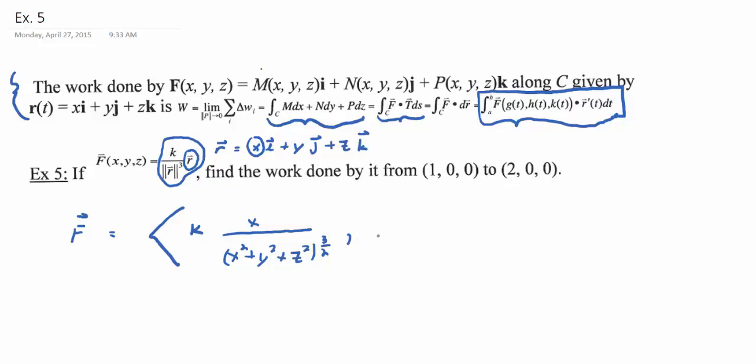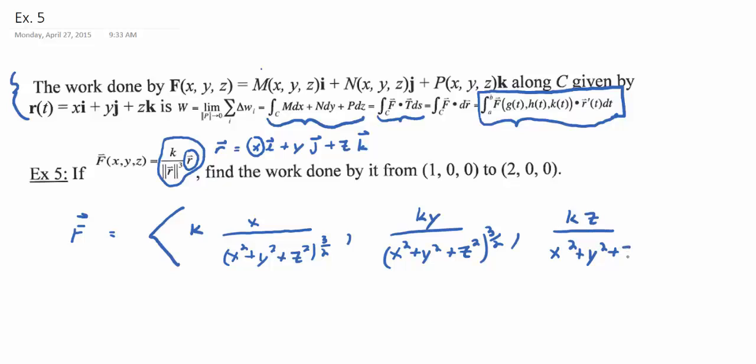Okay, so now the second component is going to look the same, except it'll have a y on top. I could have made the first one k times x on top, divided by x squared plus y squared plus z squared to the 3/2. And then the third component of the vector field would be k times z over x squared plus y squared plus z squared to the 3/2.